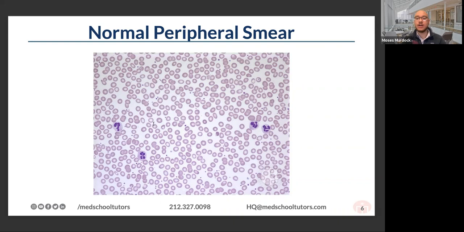Here we're seeing a couple of leukocytes, and I'll just use some arrows to point out the different cellular elements. The red arrow is pointing to the red blood cell, the white arrow is pointing to a neutrophil, and it's tough to see at this magnification, but the blue, cyan arrow is pointing to a platelet.